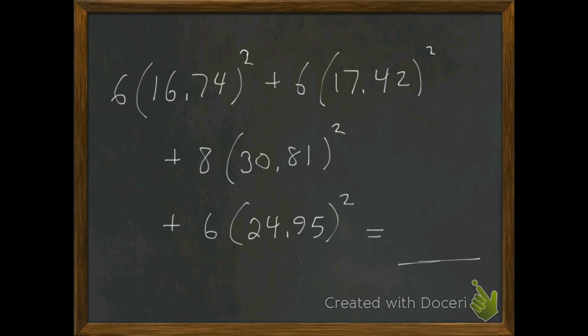So again, whatever that value is, that will be your sum of squares for your error term. Okay?